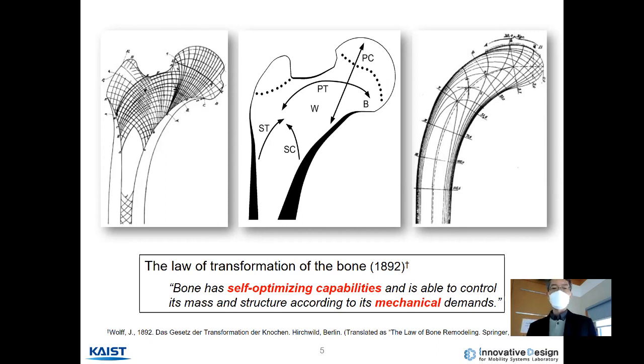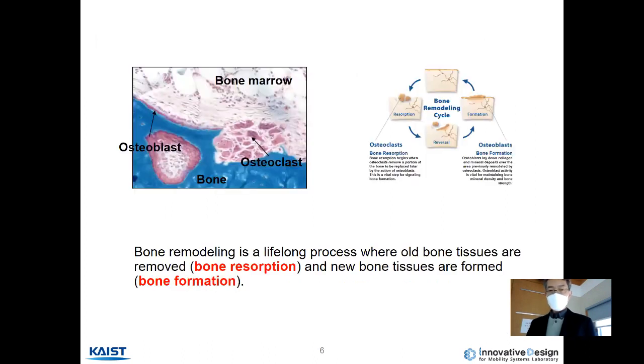This law states that bone has self-optimizing capabilities and can control its mass and structure according to its mechanical demands. Based on this, many researchers revealed this phenomenon, bone remodeling.